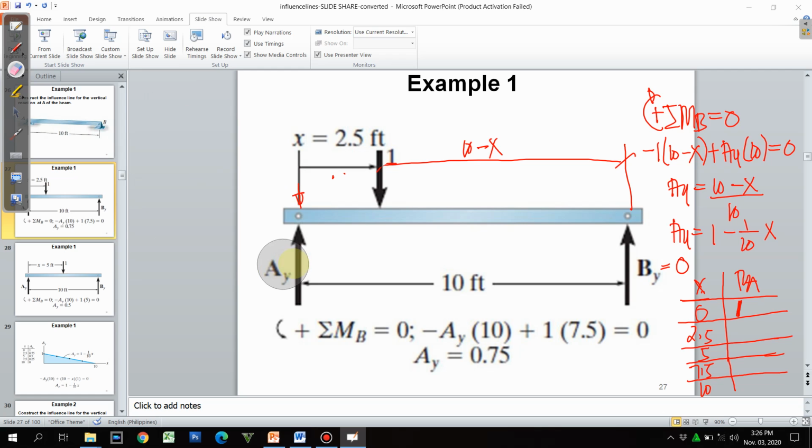Okay, so that is by influence line equation. All you need to remember is to represent your reaction in terms of x, so that x will just be substituted all over again.